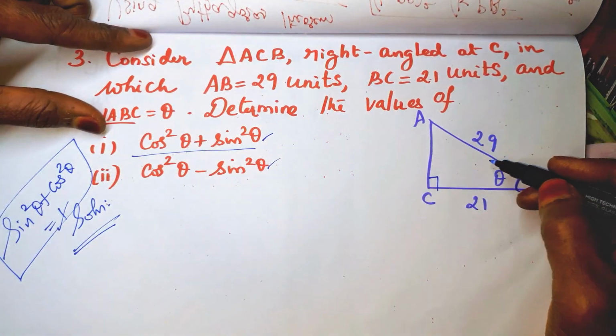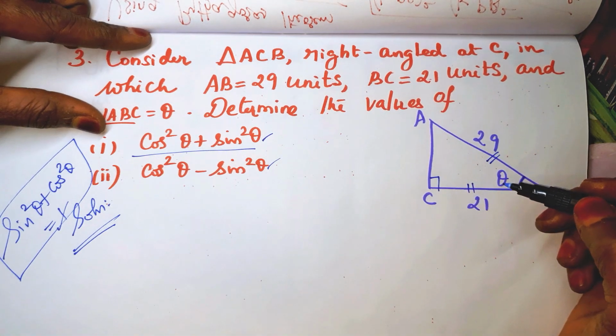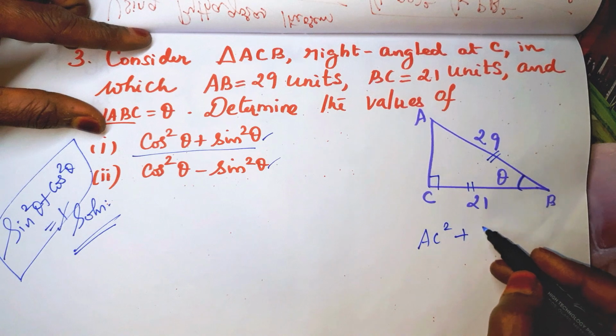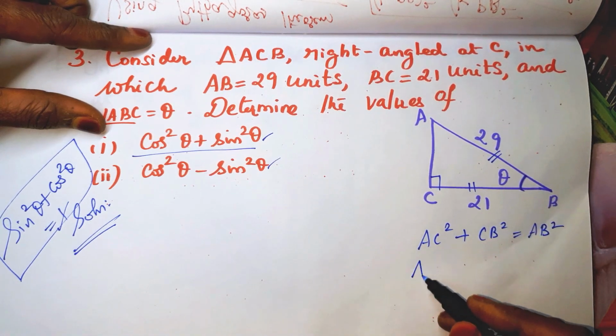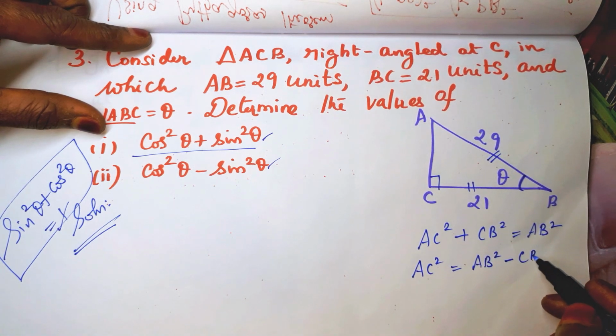So here AB is given as 29 and BC is given as 21. Using Pythagoras theorem, we know that AC squared plus CB squared is equal to AB squared. So AC squared is equal to AB squared minus CB squared.